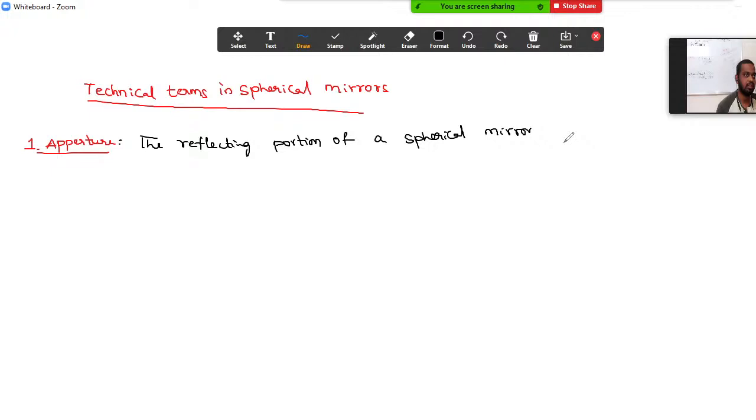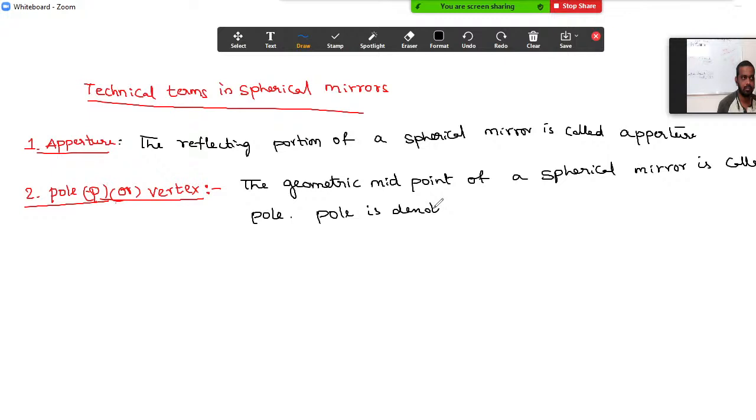It is also called vertex. The definition is: the geometrical midpoint of a spherical mirror is called pole. Pole is denoted by capital P.